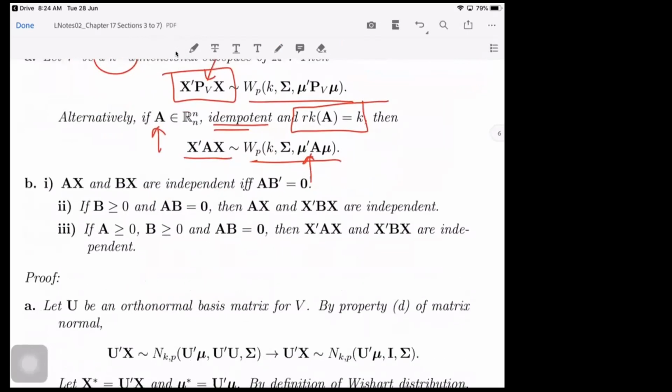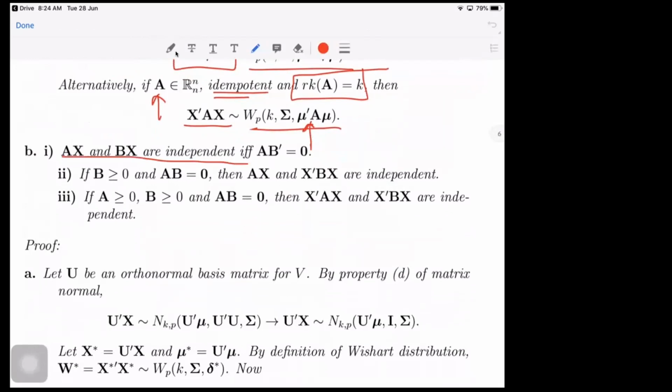And the next result is very important when we are trying to verify whether certain linear transformations of your X are independent. If you can isolate X there and A prime B is equal to 0, then we can say that these transformations of your X are independent. So AX and A prime BX are independent if these conditions are satisfied.